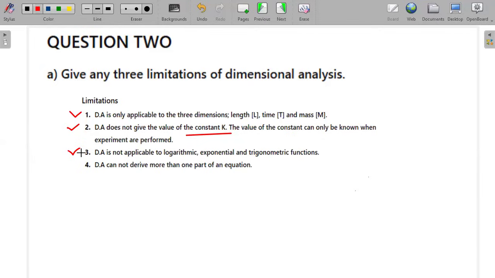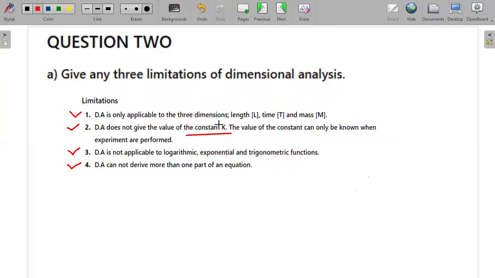You can't apply dimensional analysis if your equation contains a log, an exponential, or a trig function. I'm also going to explain that in detail. And then the fourth one is that dimensional analysis cannot derive more than one relationship. I'll also give an example there.